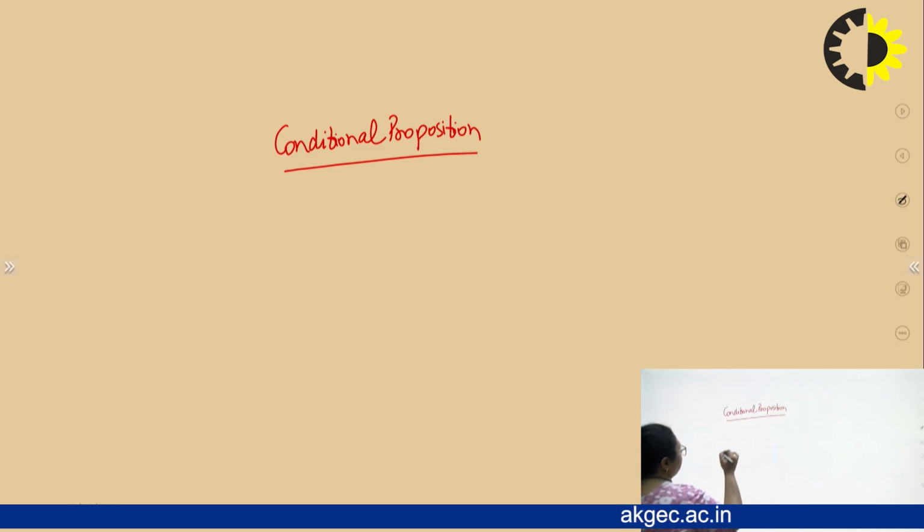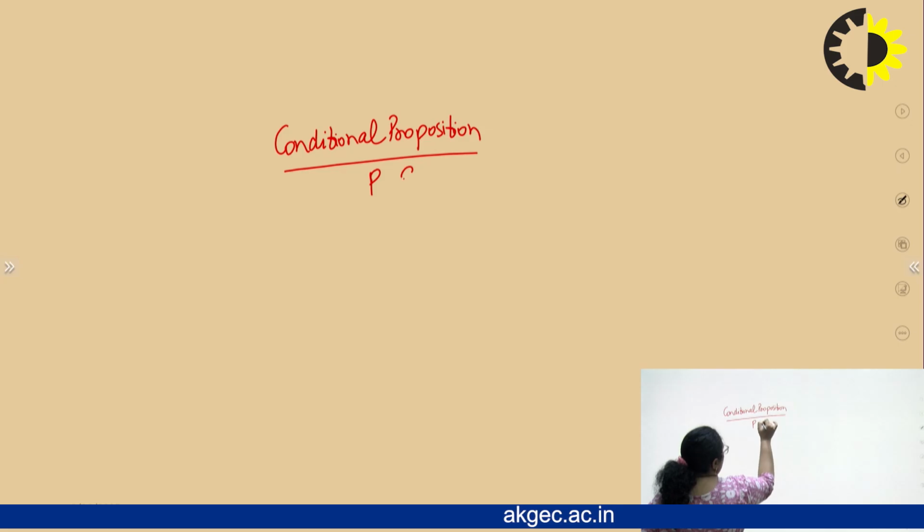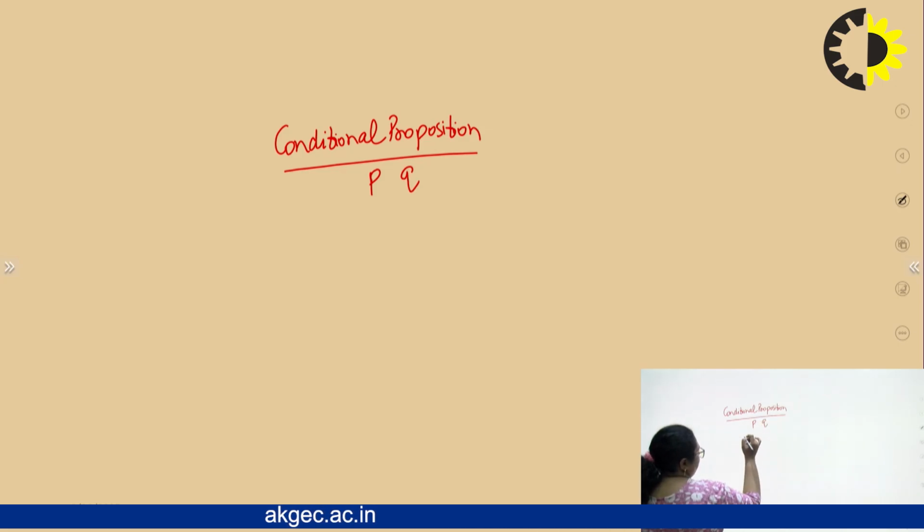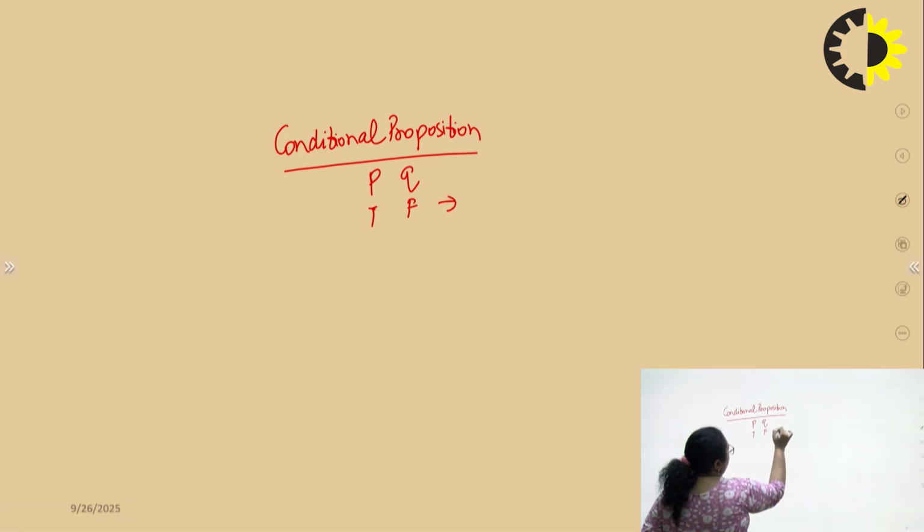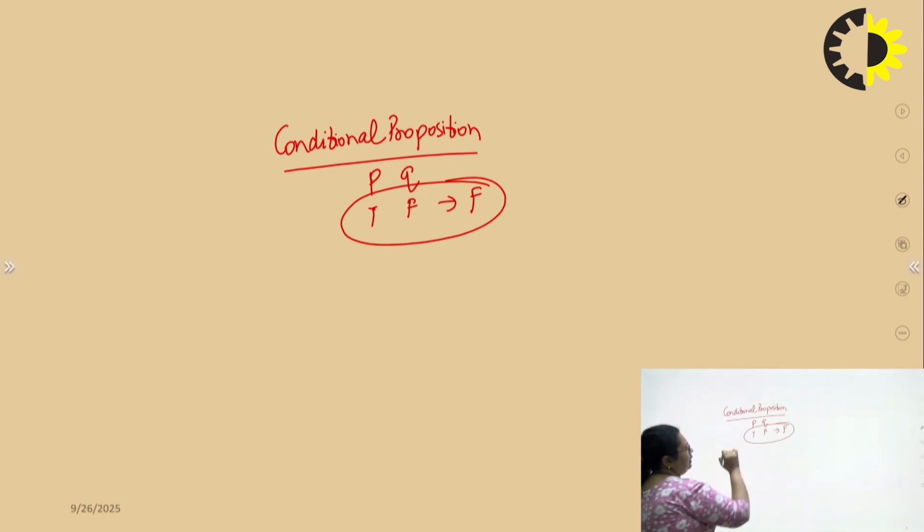If we have two propositions, then the conditional proposition is only false when P is true and Q is false. Only in one case it is false. For all the other values it is true. So it is false in only one case, when P is true and Q is false.